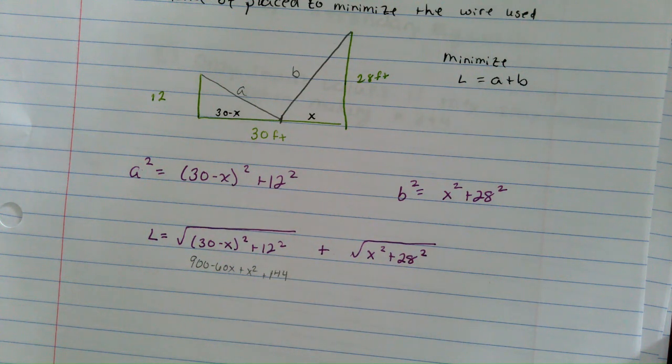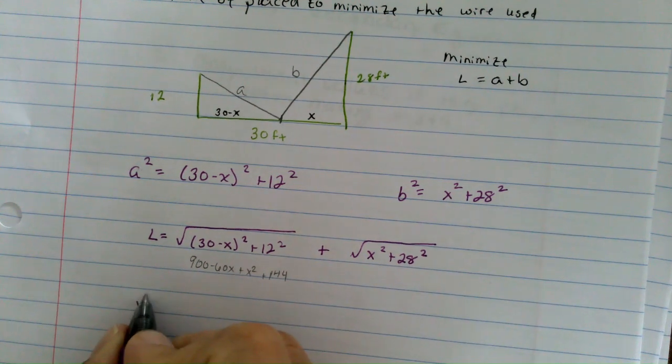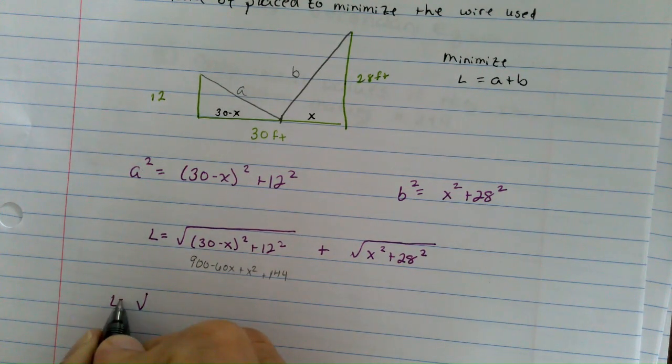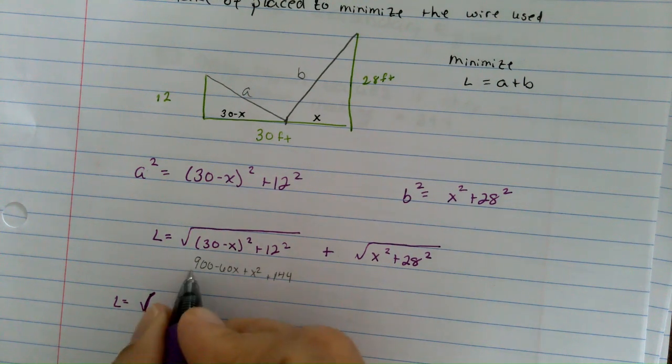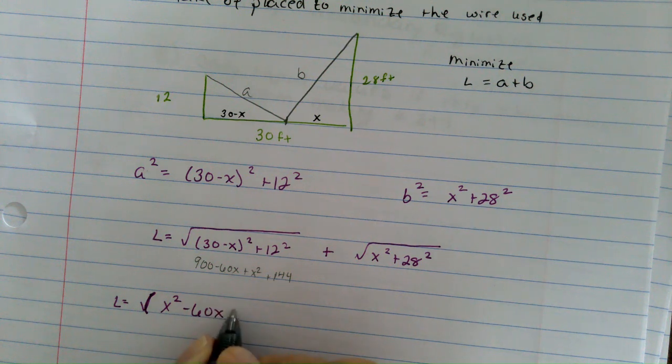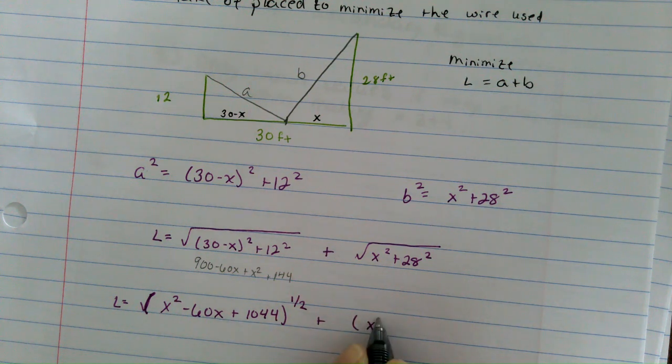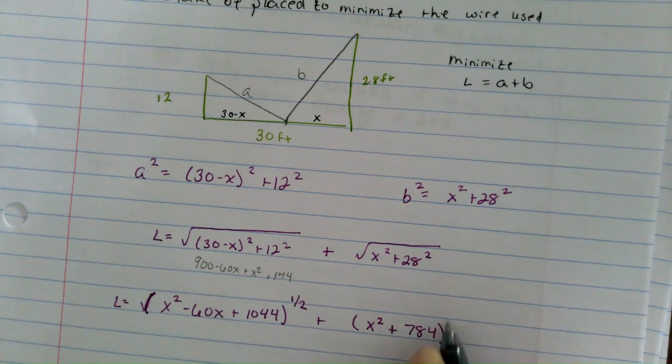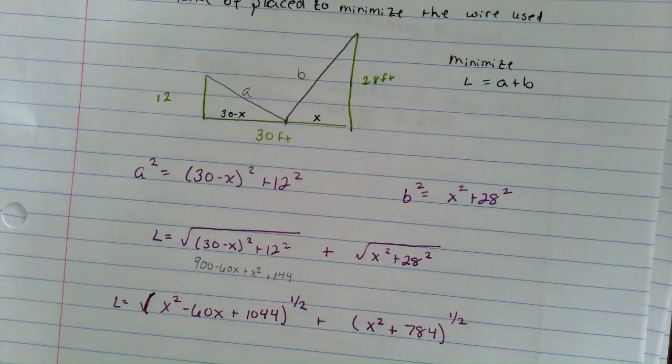So we can really write this as length equals, we'll go ahead and switch it to powers, (x squared minus 60x plus 1044) to the 1/2 power plus (x squared plus 784) to the 1/2 power. Okay.